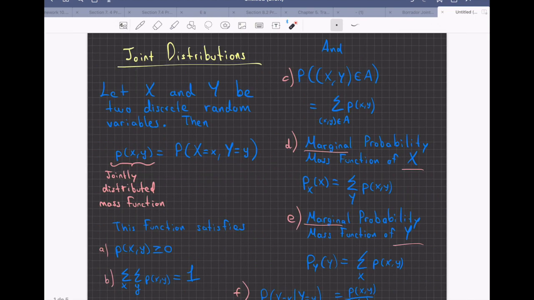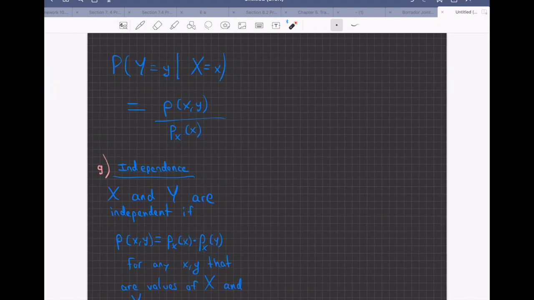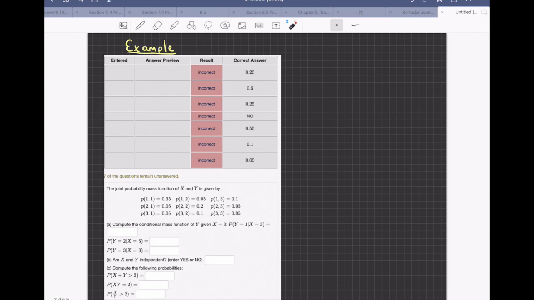Of course, let's see one example to understand this better. This example is from WeBWorK. In this kind of problem, when we're dealing with the discrete case, typically you're going to start with a table like this.